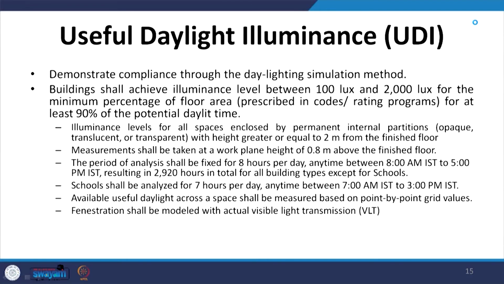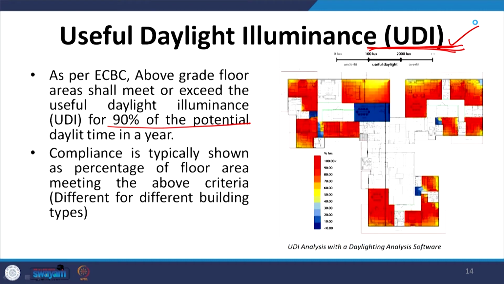We have to look at how much of the area is sufficiently daylit, not just at a particular moment in time, but throughout the year, at least 90% of the time in a year. To show compliance for daylight as per ECBC, there are two ways: we can show the compliance manually, or we can go for daylighting simulation tools.